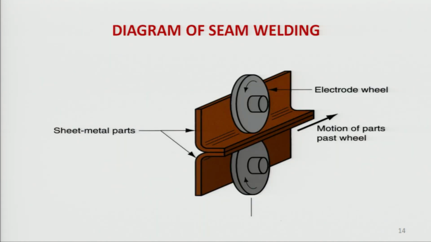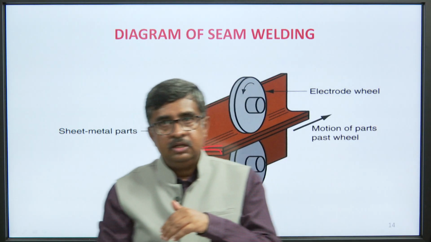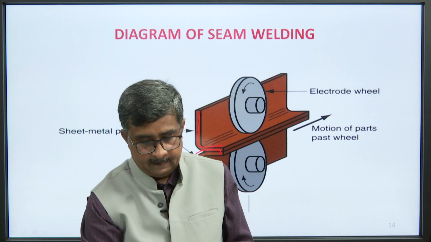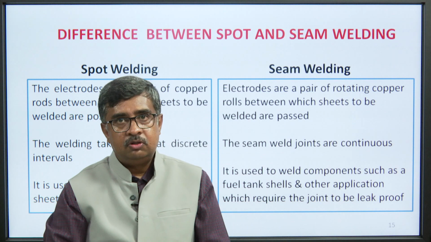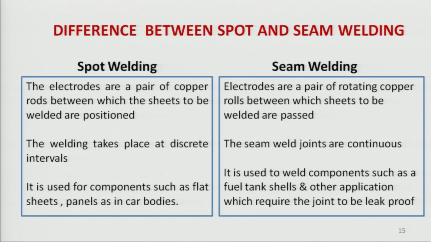So, this is the material which you can see, and it is moving through the wheels, and we are passing the current through it so that it can be welded. There are differences between spot welding and seam welding.